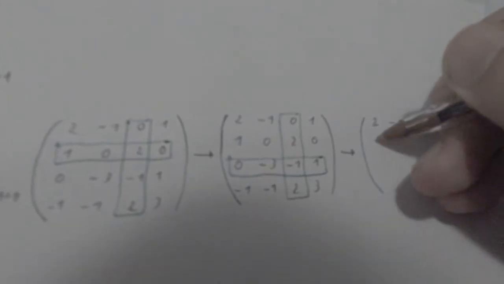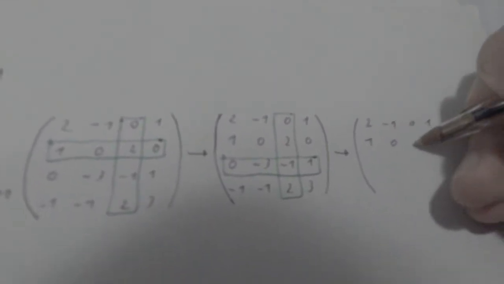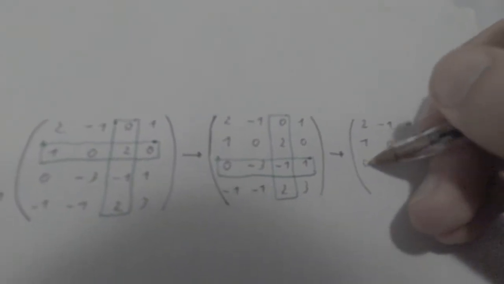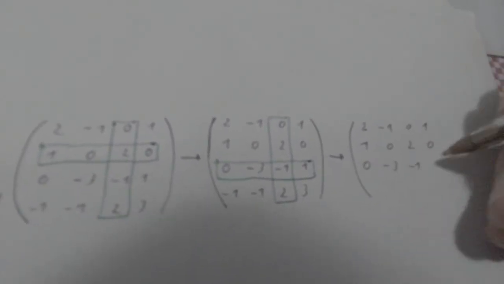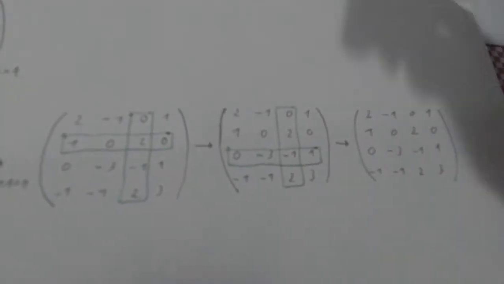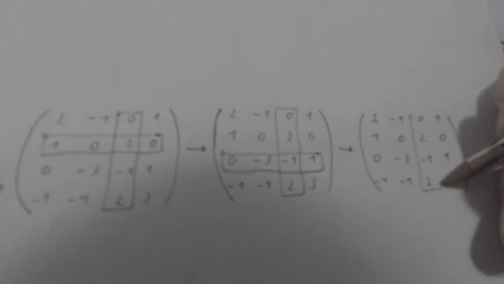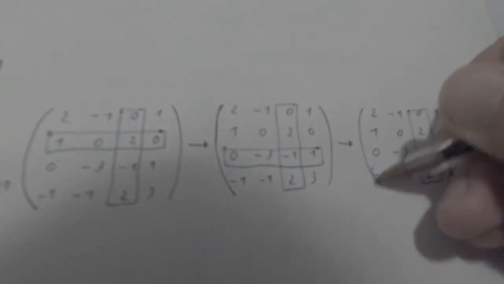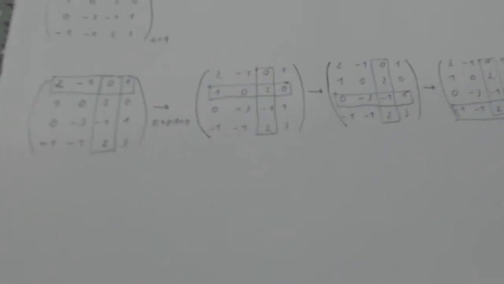I'm still going to rewrite my matrix: 2, -1, 0, 1, 1, 0, 2, 0, 0, -3, -1, 1, -1, -1, 2, and 3. And again, I'm going to go down to the very last one. There we go.